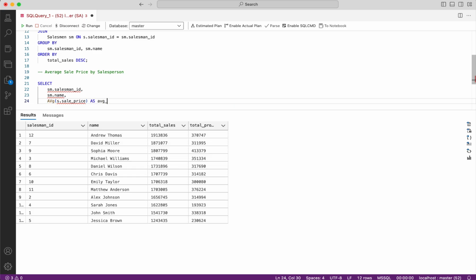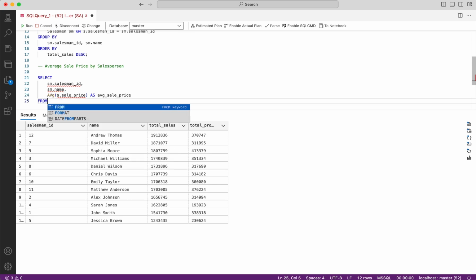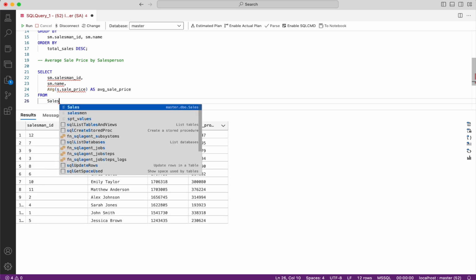Give it an alias of average sale price. We're going to gather this from our sales table.